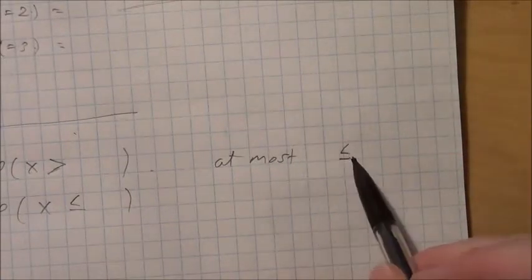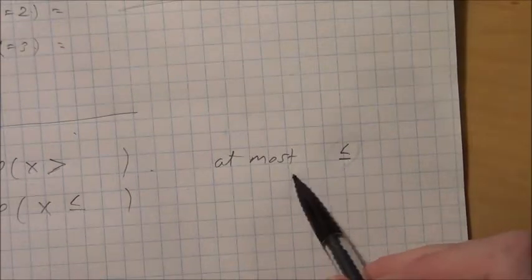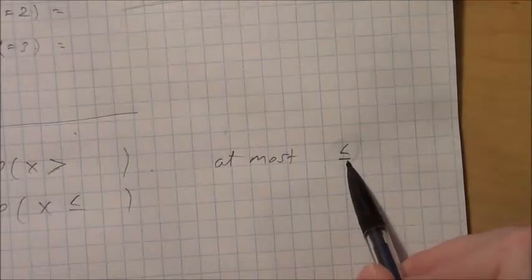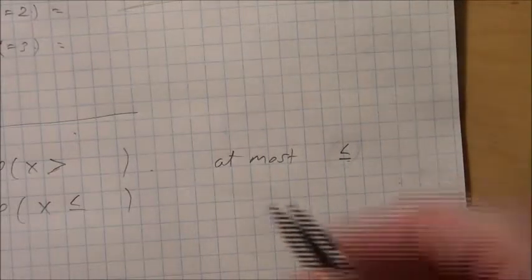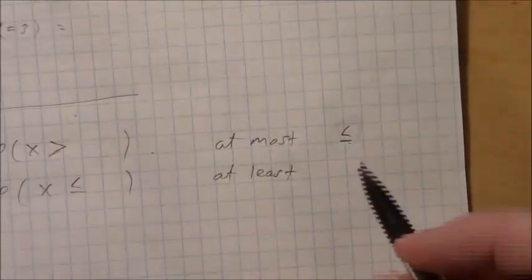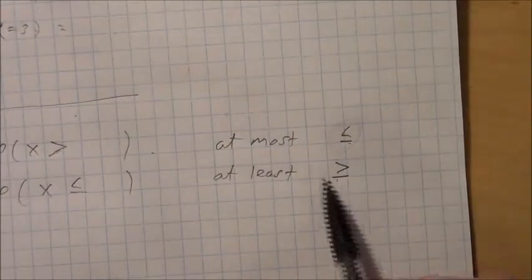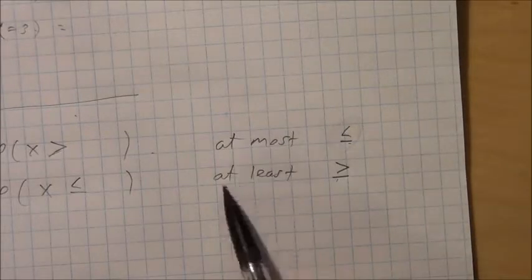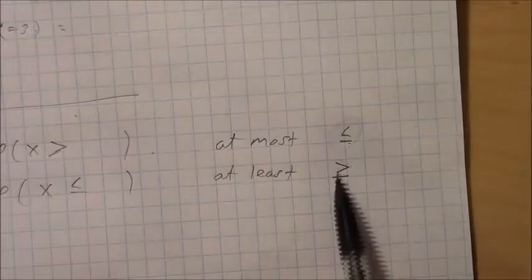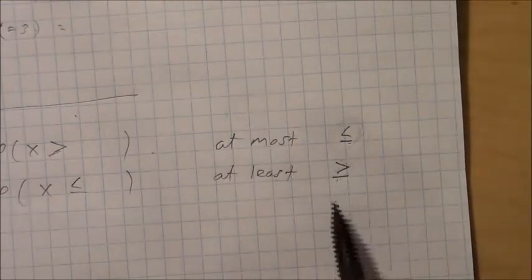Okay, so it's at most some value, so that means it's going to be that value or less. It can be in that range, so that's where we use less than or equal to. If we said at least some value, then we'd say that it's greater than or equal to. Equal to because it's that value, and at least that's the smallest value, and therefore it can be greater than that value. Okay, so there's a lot of wording that goes along with these inequalities.